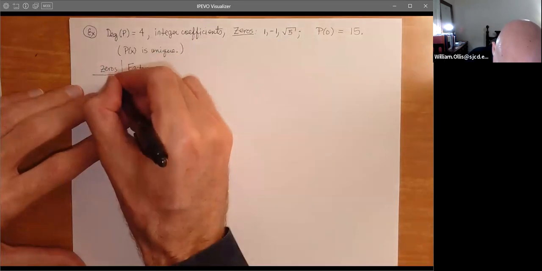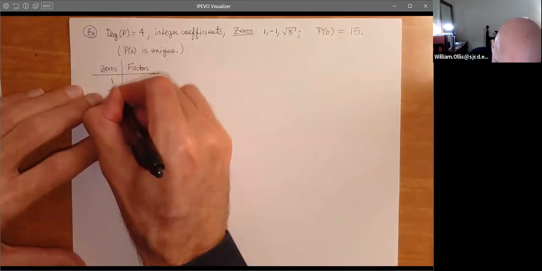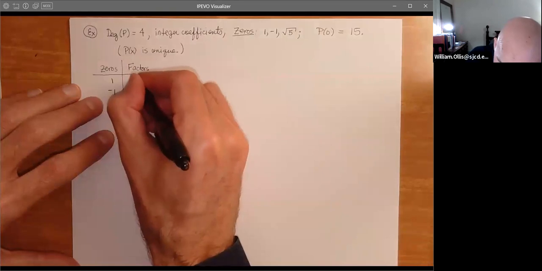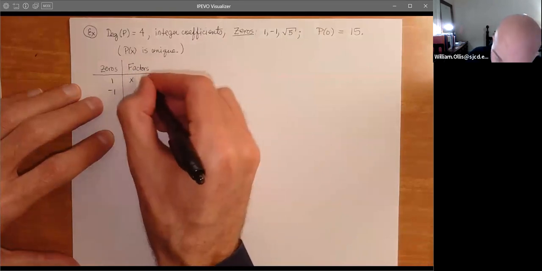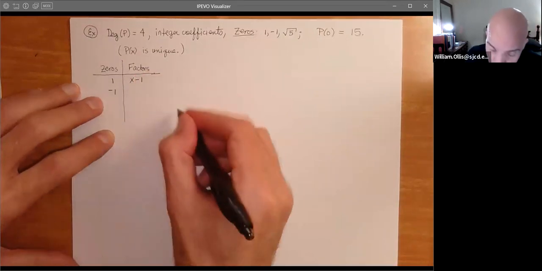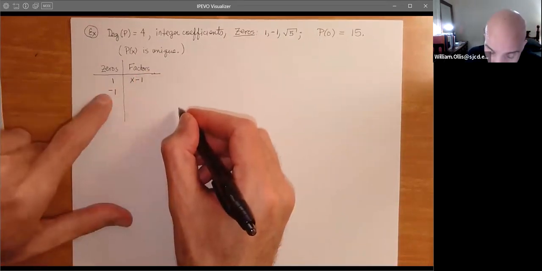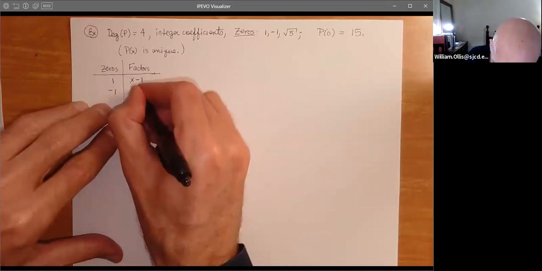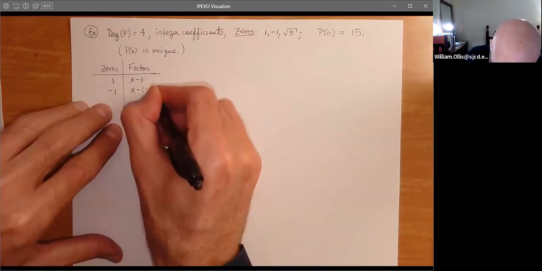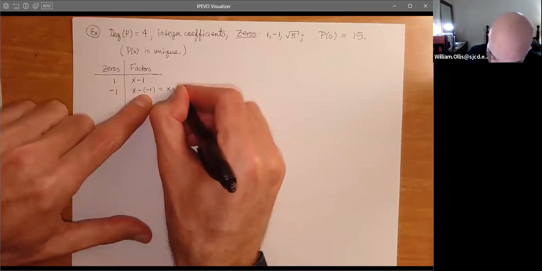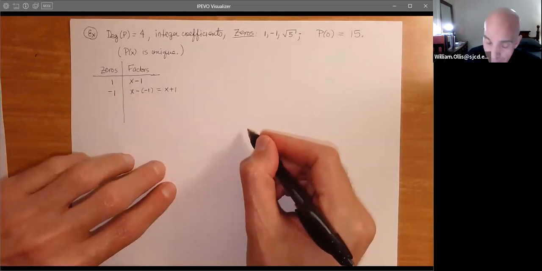So now if we have 1 and -1, a direct application of the factor theorem says that we need x minus 1, because we want c to be 1. And here we need x minus -1. So this is x minus c, but of course that would just be x plus 1 if you wanted to write it that way, which would be okay.